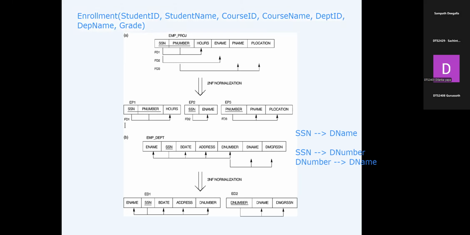Let's say this relation. Identify all the dependencies, and then decompose into third normal form.